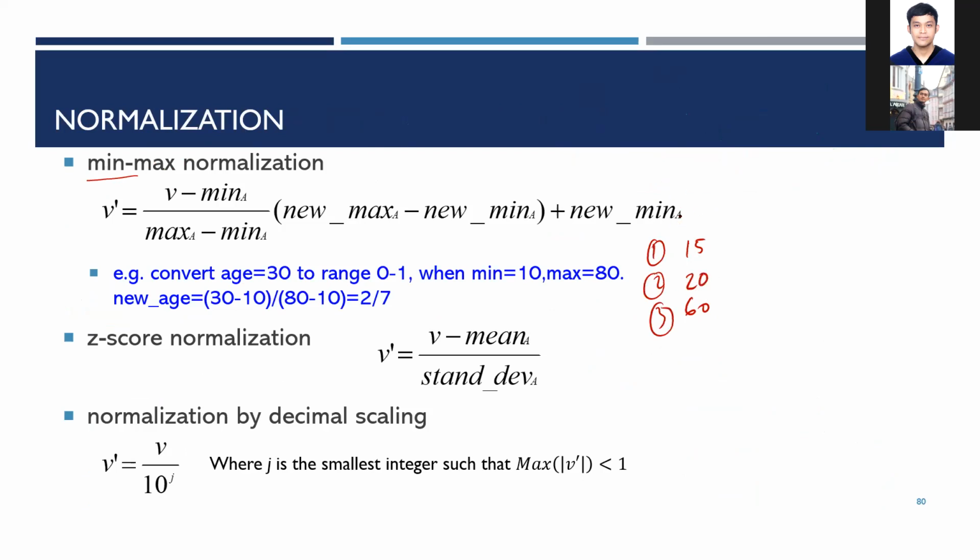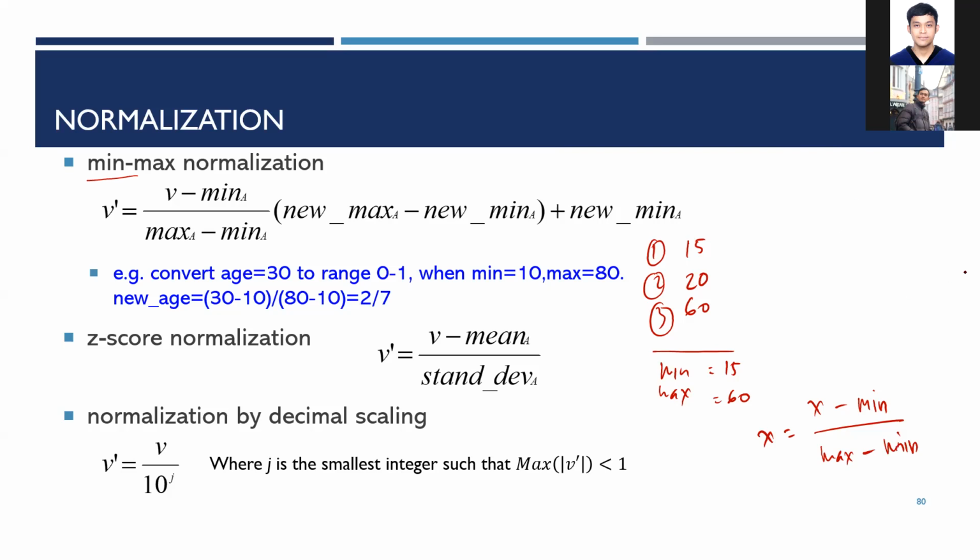First, from this data, we find the minimum value and the maximum value. Here the minimum is 15, maximum is 60. Then the easiest way: the transformed x equals the original x minus the minimum, divided by maximum minus minimum.